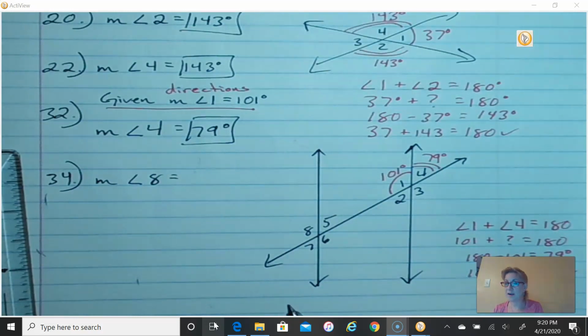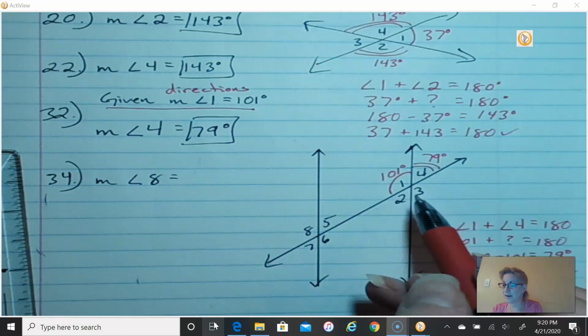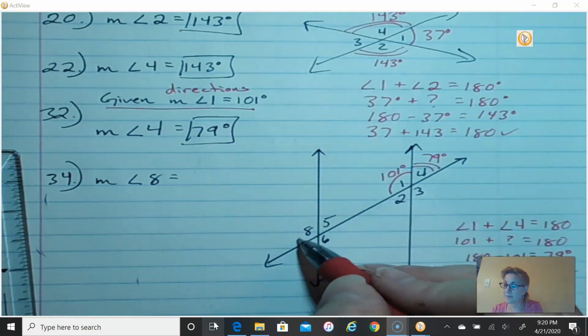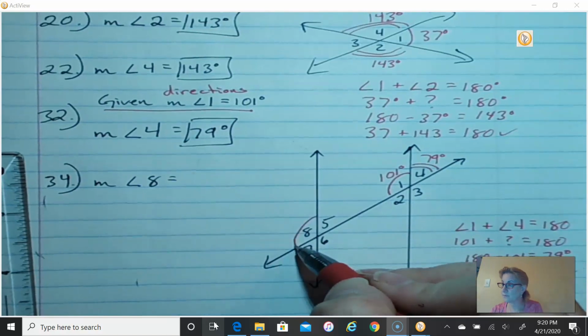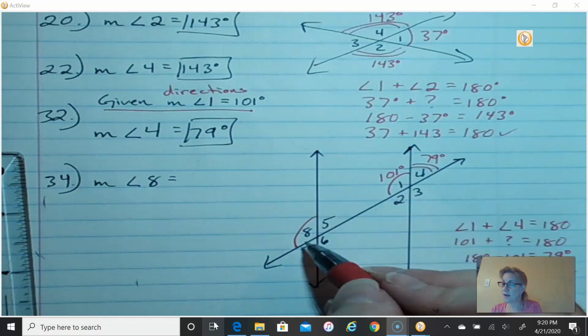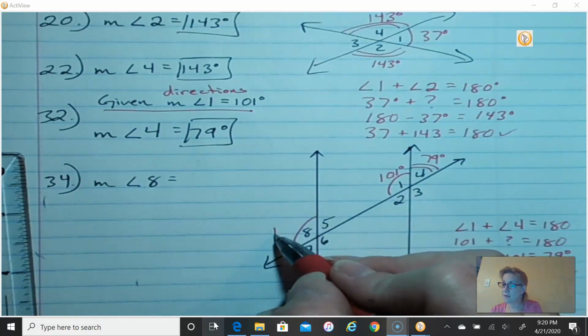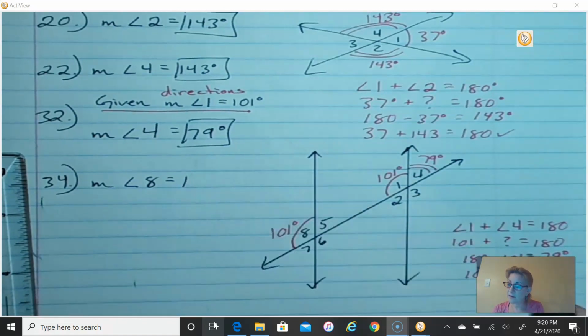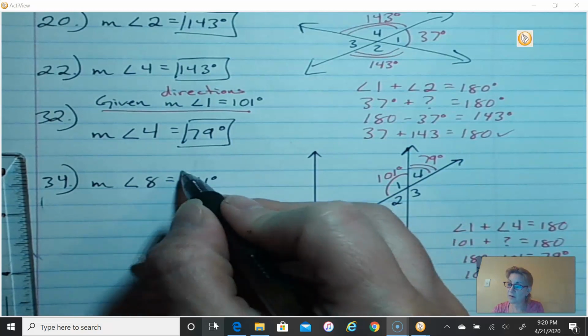Okay, so for example, you could say 1 and 8 are the same. See that? 1 and 8 are the same. So then 8 is 101.